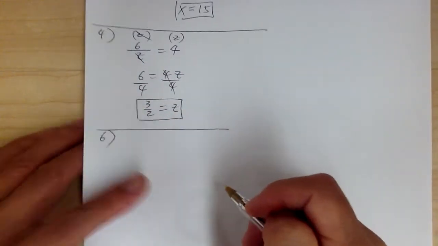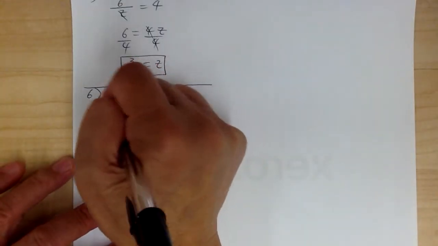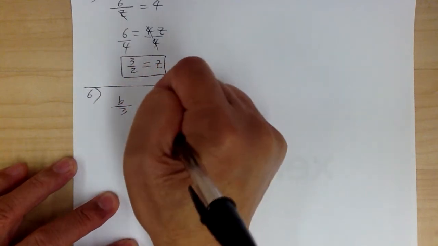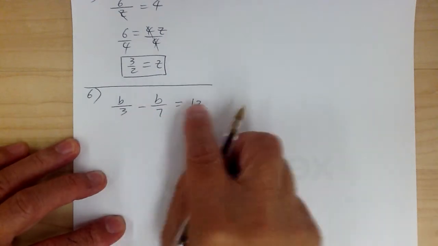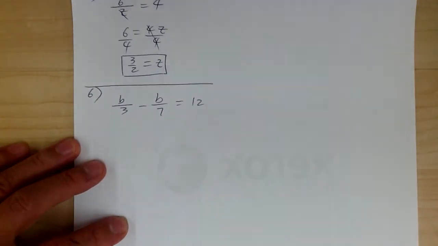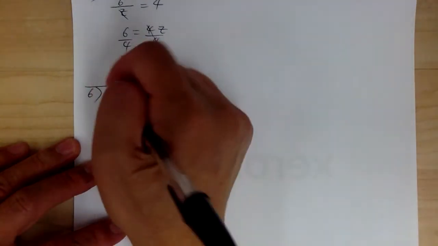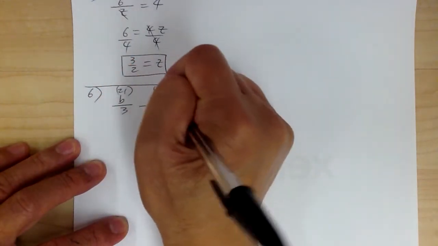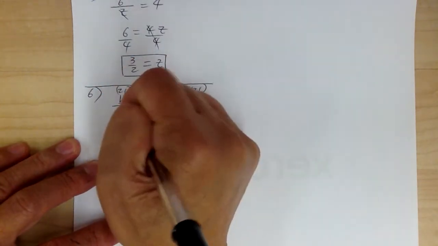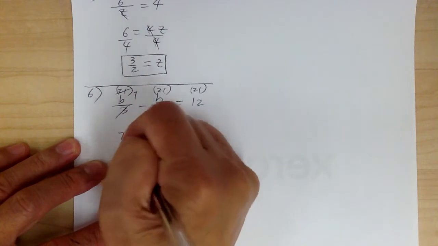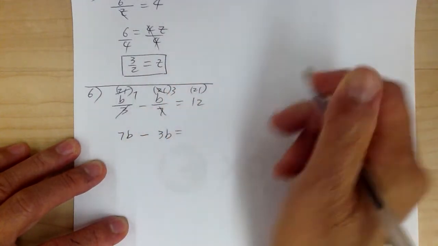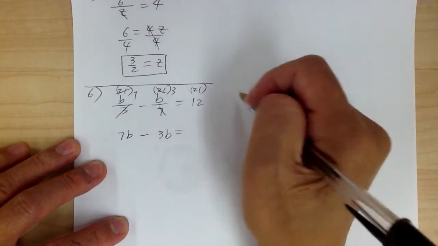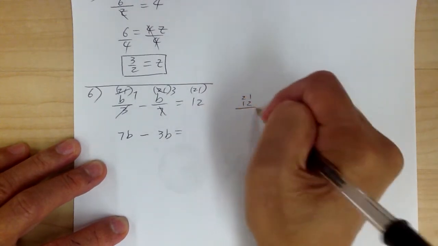Number 6, you have b over 3 minus b over 7 equal to 12. So you can multiply by the common denominator to get rid of the fraction. So 3 and 7, you need to multiply by 21. So this will cancel, you get 7, so you get 7b minus, cancel, you get 3b equal to, and so go ahead and multiply out, so 21 times 12.